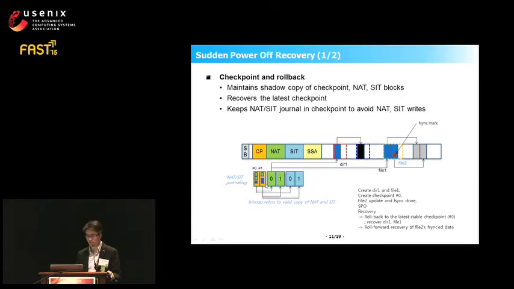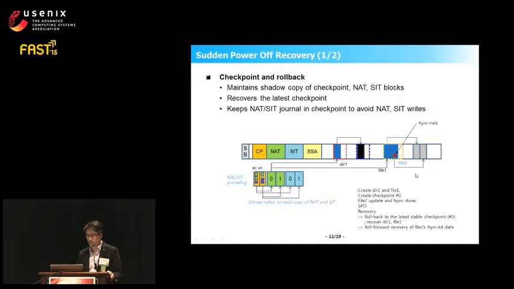By using them, we can avoid updating the NAT and SIT structures. And we also have NAT and SIT shadow copies, so the latest checkpoint refers to the latest NAT and SIT blocks. The bitmap refers to the valid copy of them.